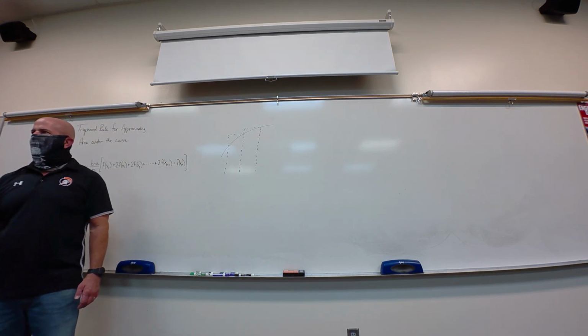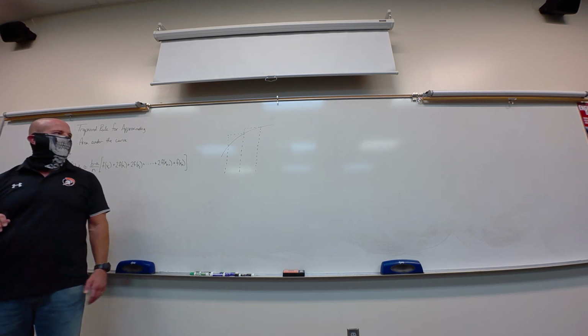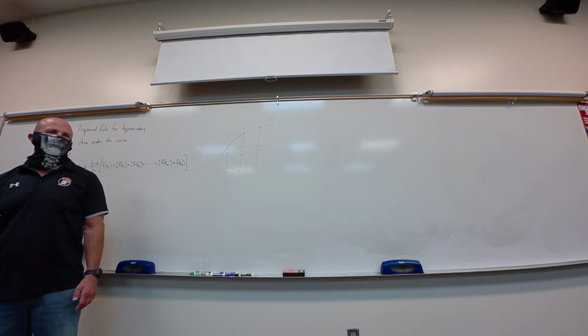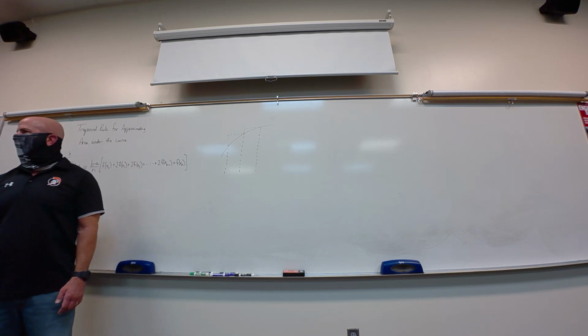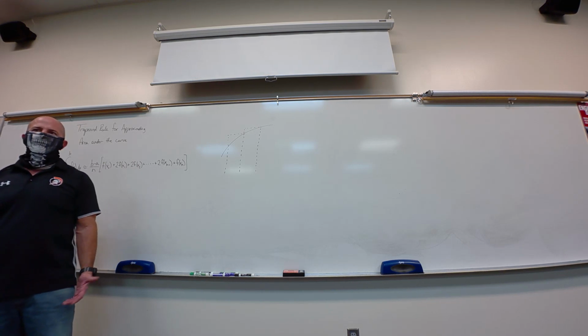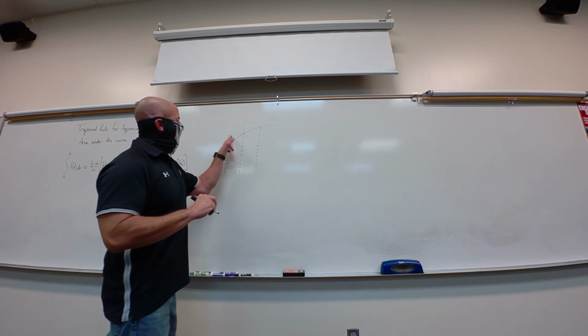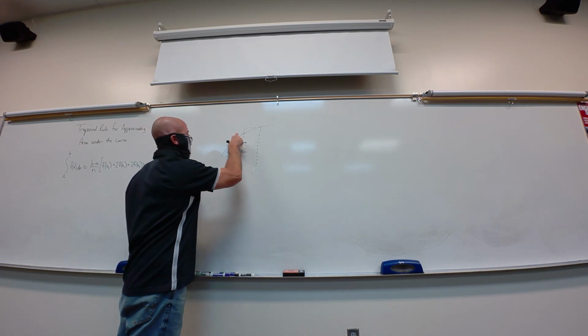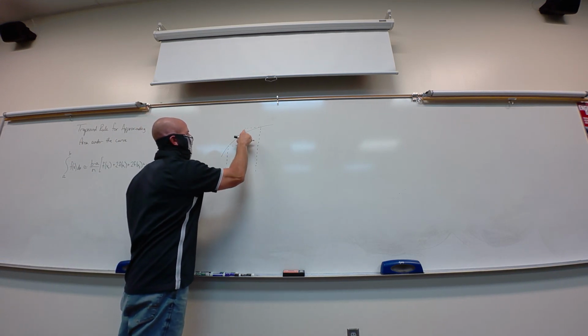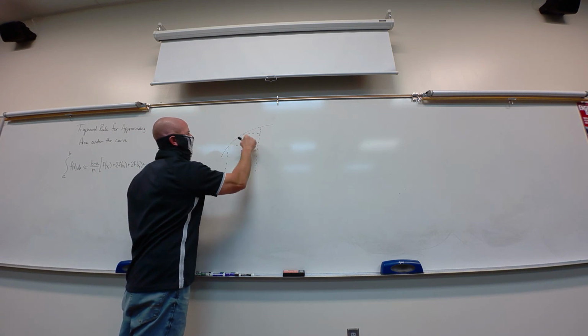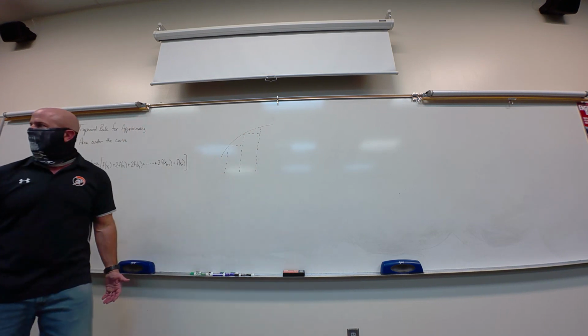Everybody agree? Probably about the same either way. I don't know which one's going to be more accurate, above or below from the right or from the left, without actually calculating something. But I'm definitely going to have extra here, or like I said, if I came from the left, I don't have quite enough. But it's still an approximation.